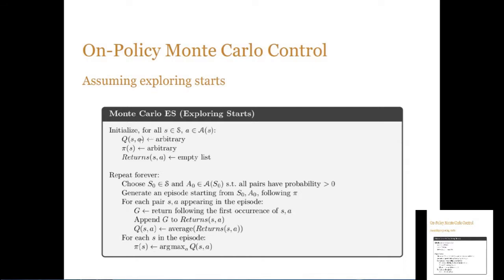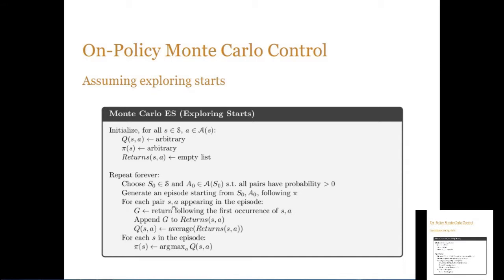So we start with arbitrary values for the action value function and some arbitrary, random initial policy. And we're going to update all our Q values as we interact with the environment. So we're going to generate an episode starting from this initial state and action and following policy pi.